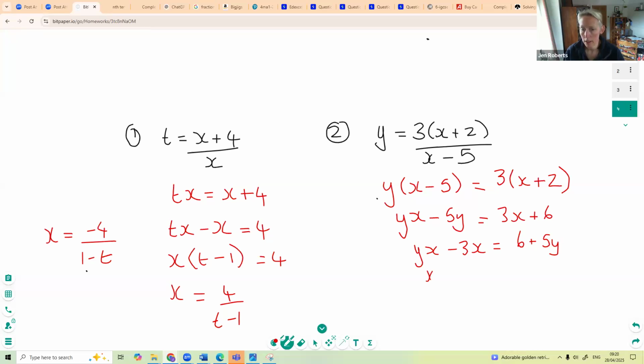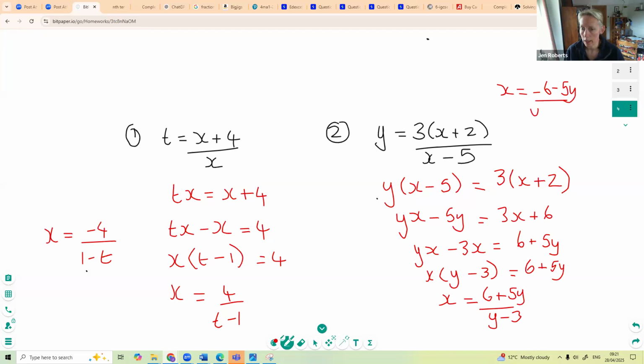Factorize. Divide both sides by y minus 3. And your alternative answer here would be x is equal to negative 6 minus 5y over, sorry, 3 minus y. Okay, that's the end of this recording.